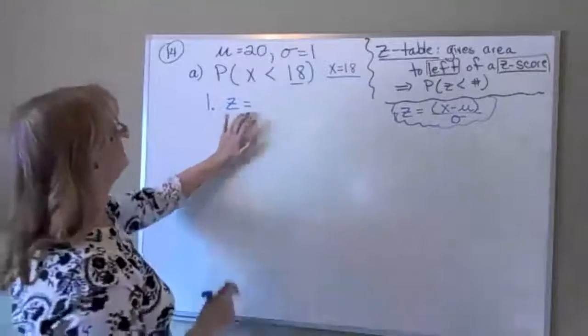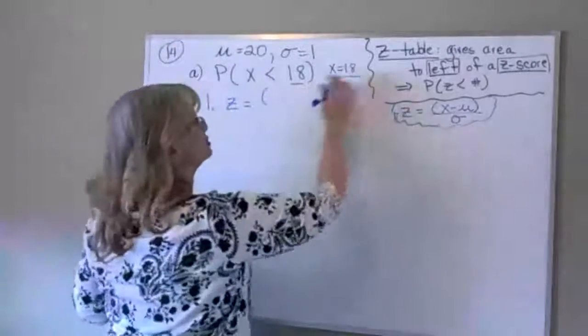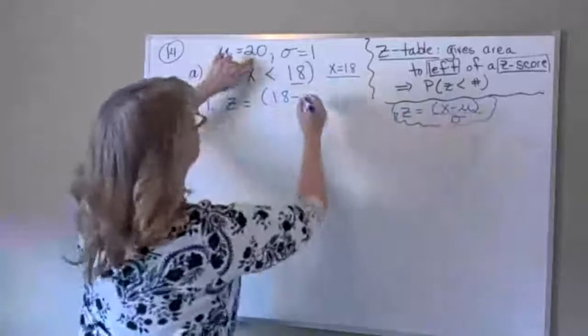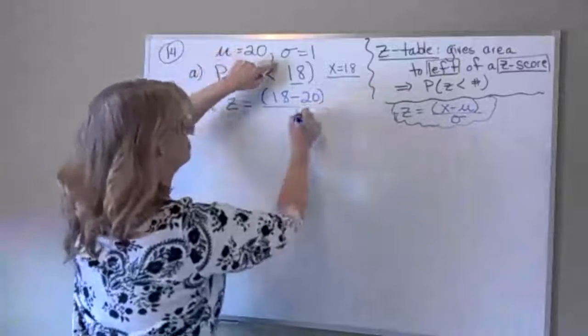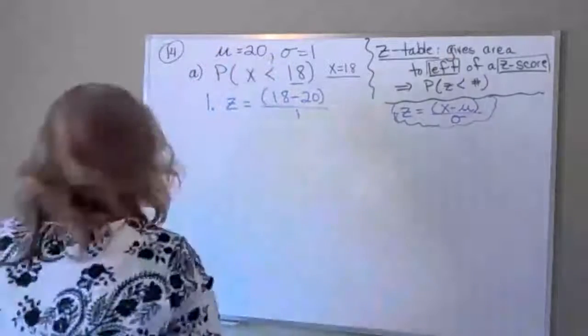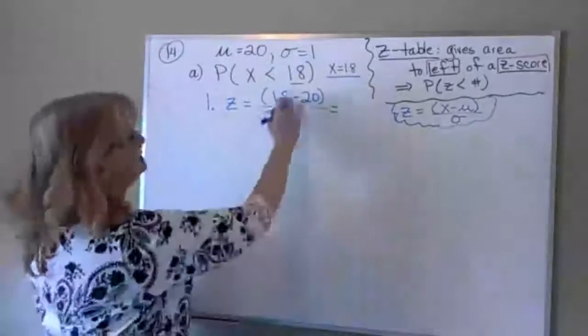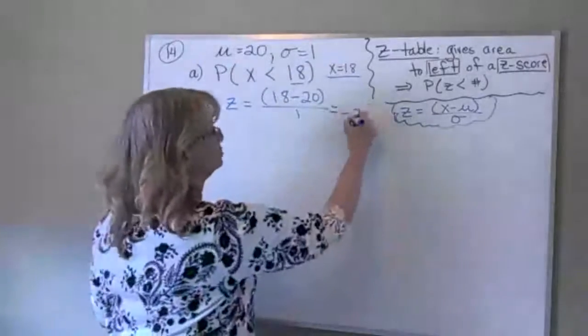I'm going to say z equals, and X always goes first, so my X is 18 minus mu, which is 20, divided by sigma, which is 1. So that's going to work out pretty nice. I can actually do this one in my head. 18 minus 20 is negative 2. Divided by 1 is still negative 2.